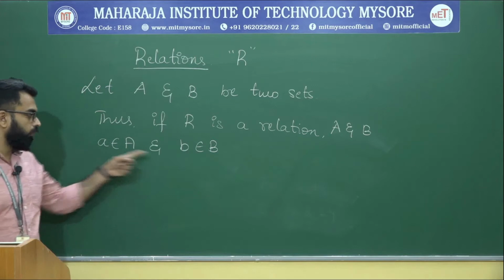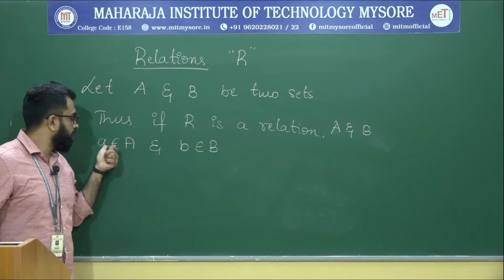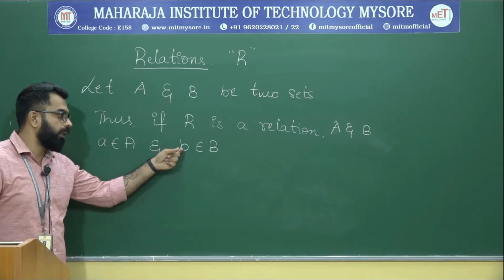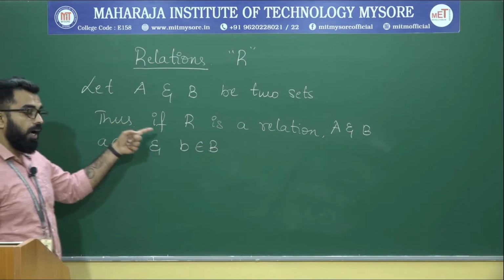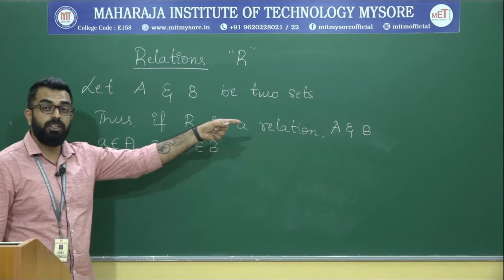What is a? What is b here? Now a is an element of set A and b is an element of set B. Then R is a relation defined on sets A and B.